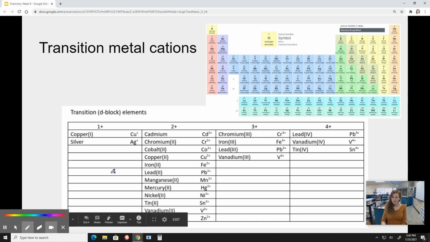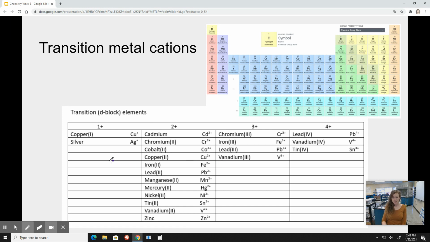Notice that a lot of them come with Roman numerals, right? Some of them do not. So silver, cadmium, zinc, notice that their names do not come with a Roman numeral. And so that indicates they only form that 1 charge. They don't form a second charge.